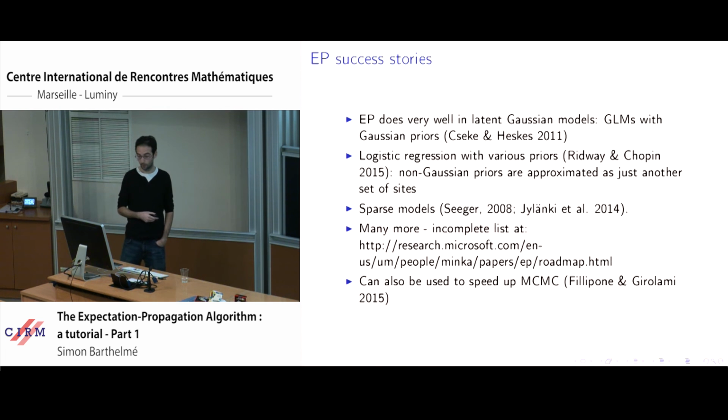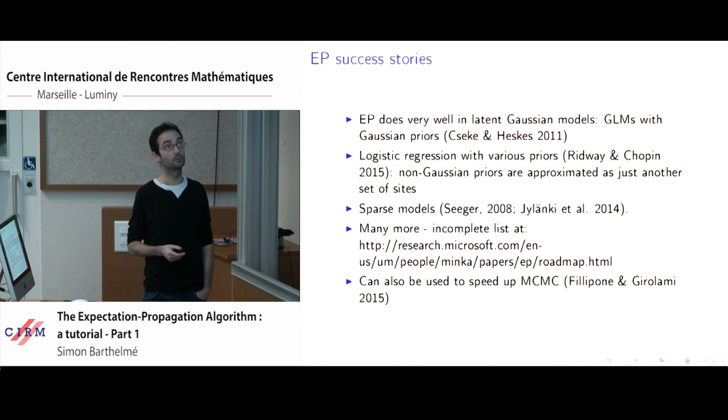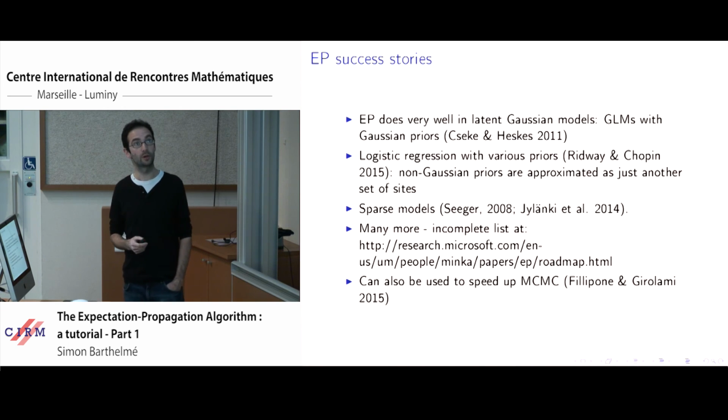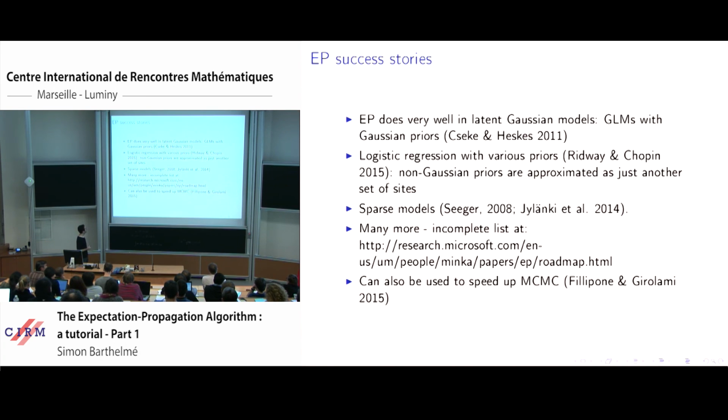It does very well with logistic regression with various priors. I haven't talked about it, but if you have non-Gaussian priors, then they're just additional sites. And because typically they only depend on one component of the thetas, you can approximate them the same way. So you can deal with non-Gaussian priors, and that's the paper by James and Nicolas, where EP does very well.